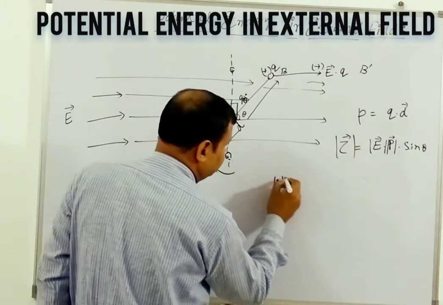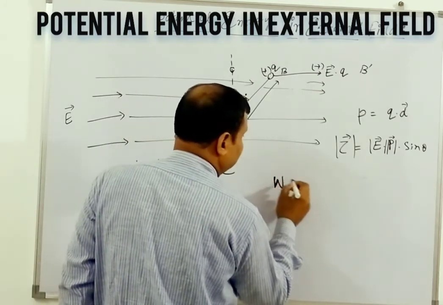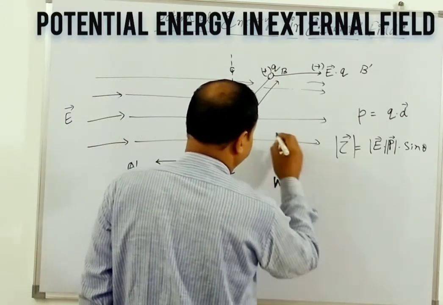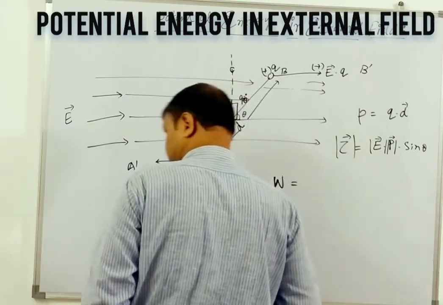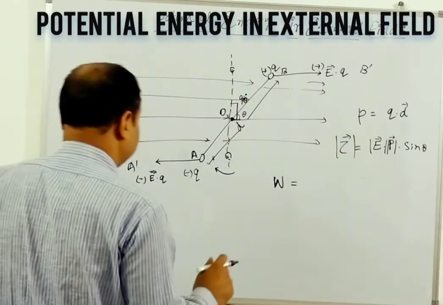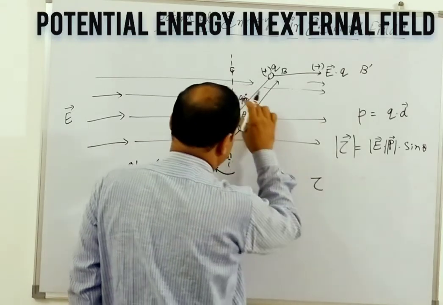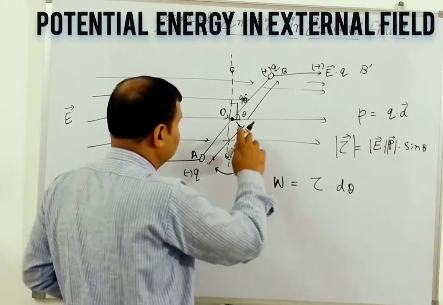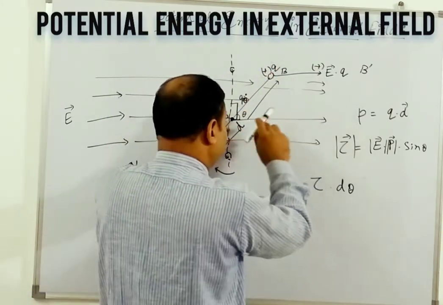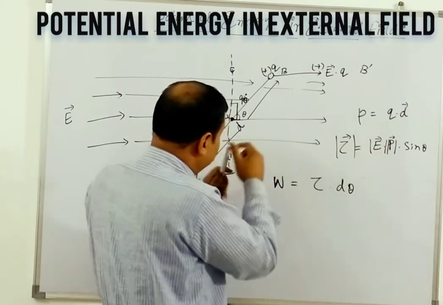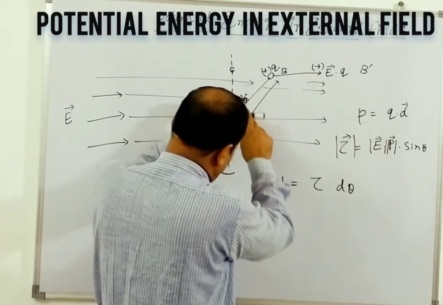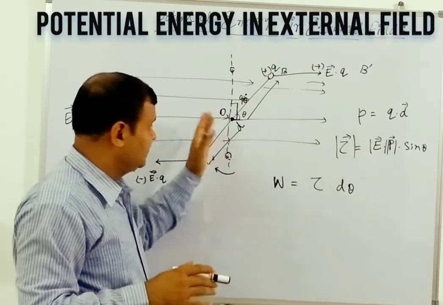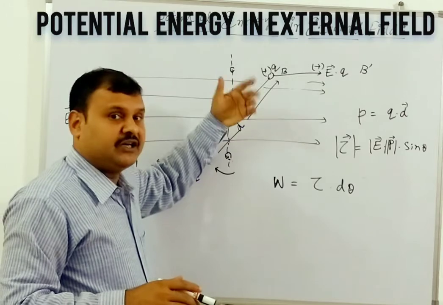The work done here, you see, work done by the torque, work done due to torque, how much? This will be tau and this small movement of theta, so it will be d theta. Tau, suppose this is a torque, per minimum angle of theta, how much torque work, rotational work we need to do, and it is supposed to be that there is no angular acceleration, otherwise angular kinetic energy will be stored.